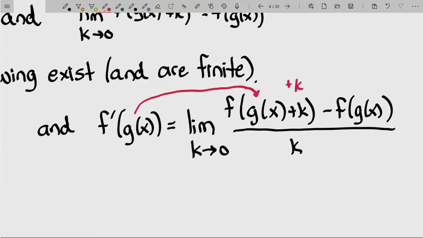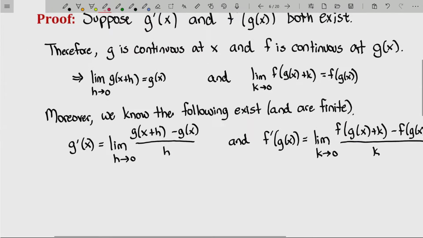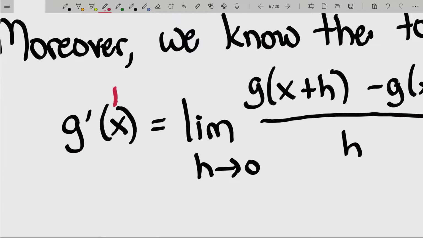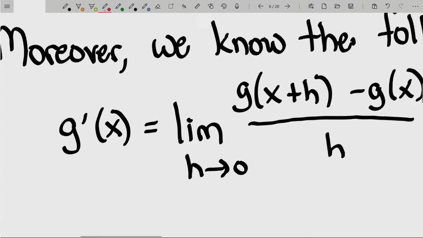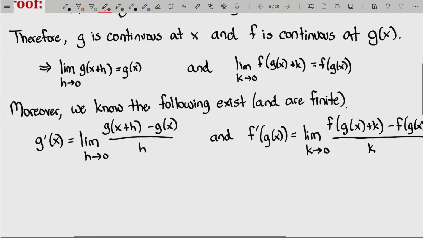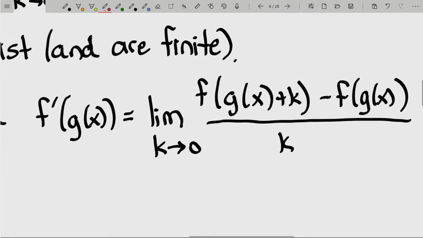Remember, that's how the derivative is always defined. So the derivative is defined to be whatever this is, you'll evaluate your function at that plus whatever variable is tending to 0. So anyhow, that's why it is g of x and then plus a k. So anyhow, f prime of g of x is defined to be the limit as k approaches 0 of f of g of x plus k minus f of g of x all over k.